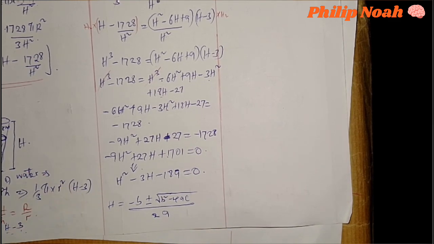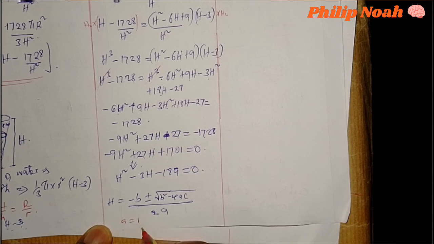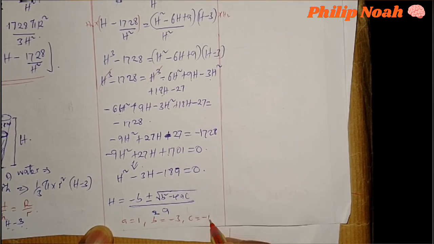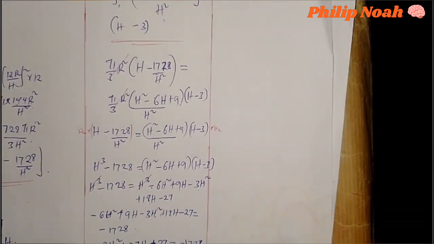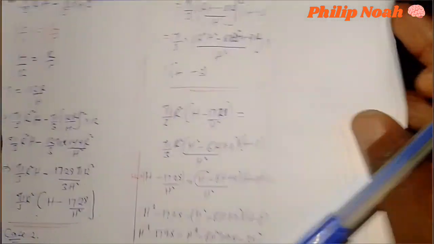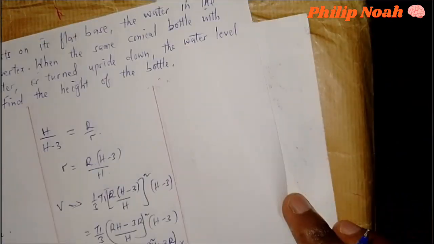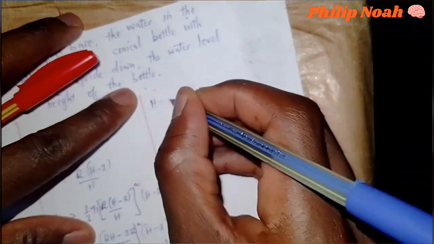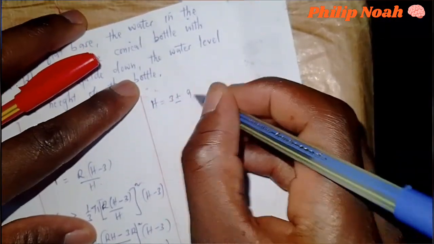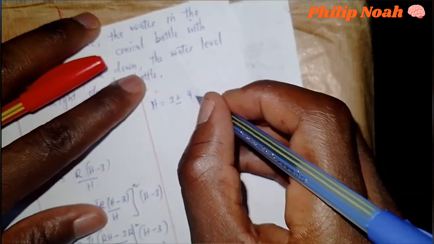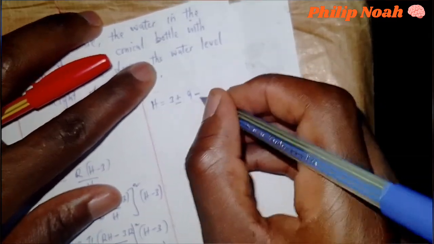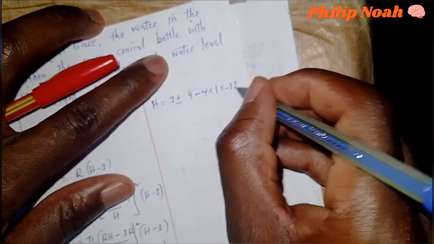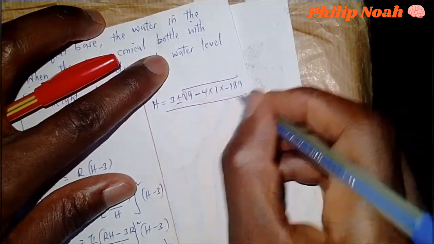In this case, our a is 1, b is negative 3, and c is negative 189. So we say that h is equal to 3 plus or minus the square root of 3 squared, which is 9, minus 4 times 1 times negative 189, over 2 times 1.